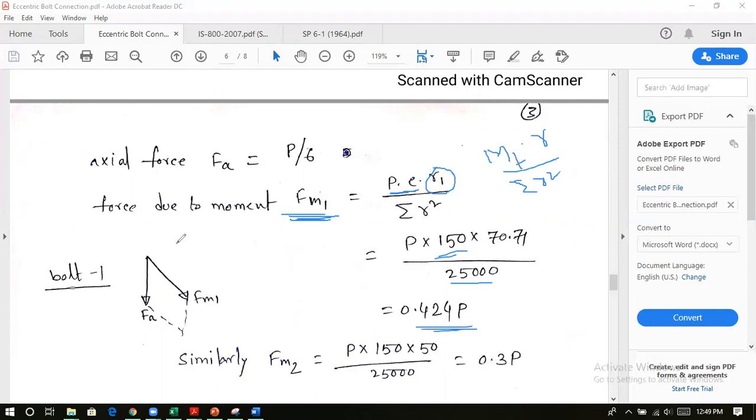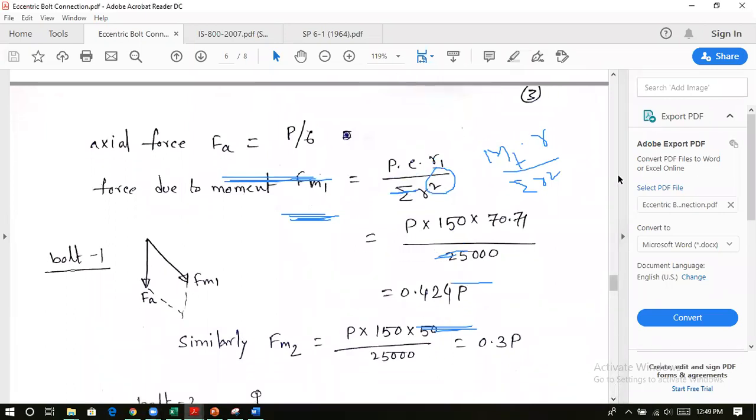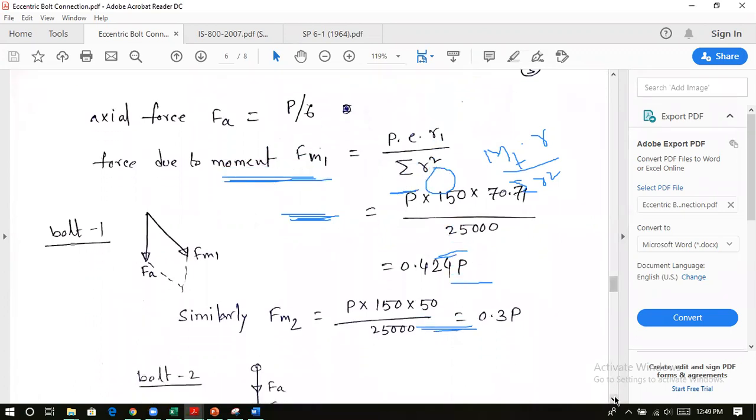Okay, and we have to find the axial force on the bolt. Since a load of P is coming and there are 6 bolts, every bolt will experience a direct force of P by 6. So the forces on the first bolt will be an axial force of P by 6, and the force due to moment will be 0.424 P. Now, since we do not know if this is the critical bolt, we have to find which is the critical bolt.